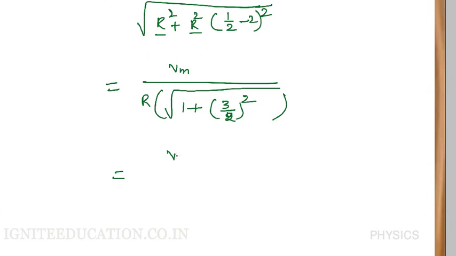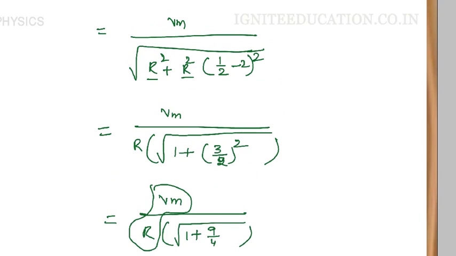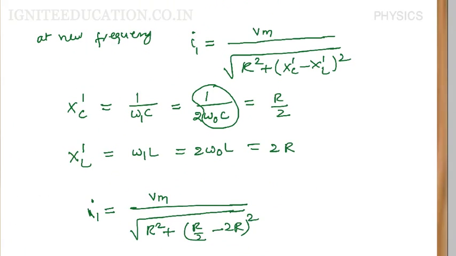That is equal to Vm by R into root of 1 plus 9 by 4. We already got an expression for this Vm by R. Look at this.